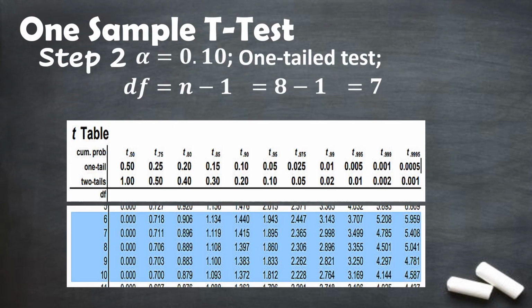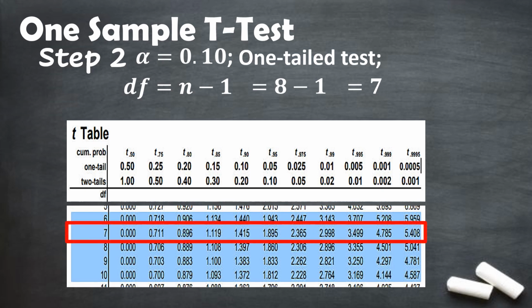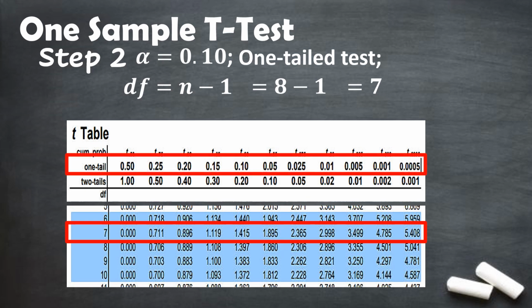First, to get the value of t tabular, we have to go back to step 2. Locate your degrees of freedom in the degrees of freedom column, and then after finding the numerical value, all you have to do is draw an imaginary horizontal line passing through that degrees of freedom. Since this is a one-tailed test, we have to locate the level of significance in the row adjacent to one-tailed test.